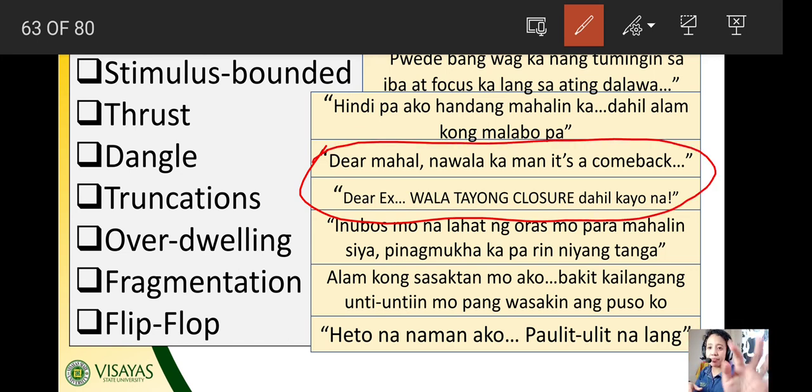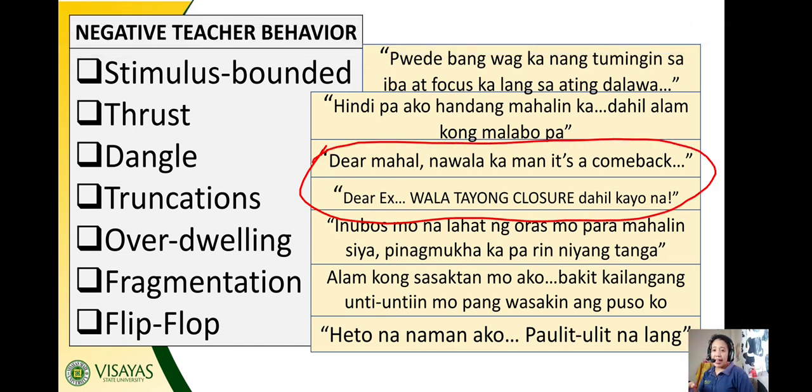Nagkapalit sila. So, we have the dangling. Ibig sabihin is, naghanging yung activity, then proceed ka to the next. Truncation naman, hindi pa tapos, iniwan mo na yung activity yun. So, that is truncation. Overdwelling, inuubos natin. Inubos mo na lahat ng oras mo para mahalin siya, pinagmukha ka pa ring tanga. So, overdwelling is overtime in one topic.